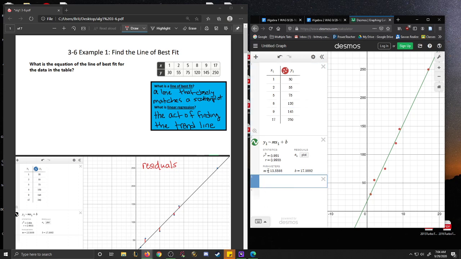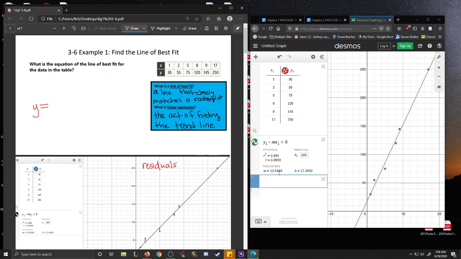Now this m value is what I would write where my slope goes in slope-intercept form, and this b value is what I would write for b. So I'm going to plug my little pen back in, and let's write out our equation now. We would write y equals mx plus b.